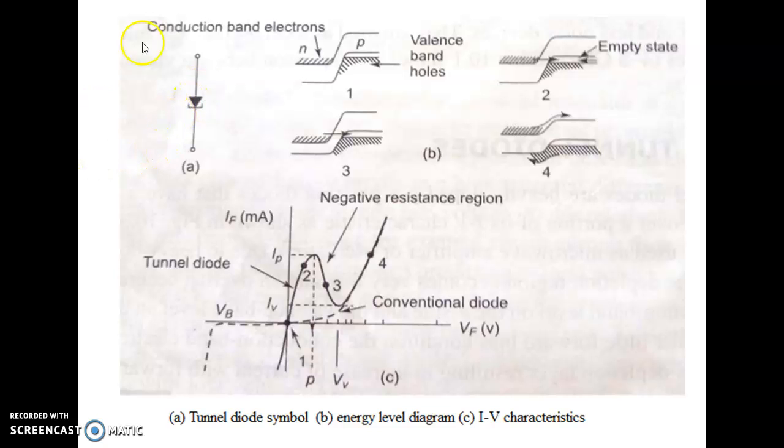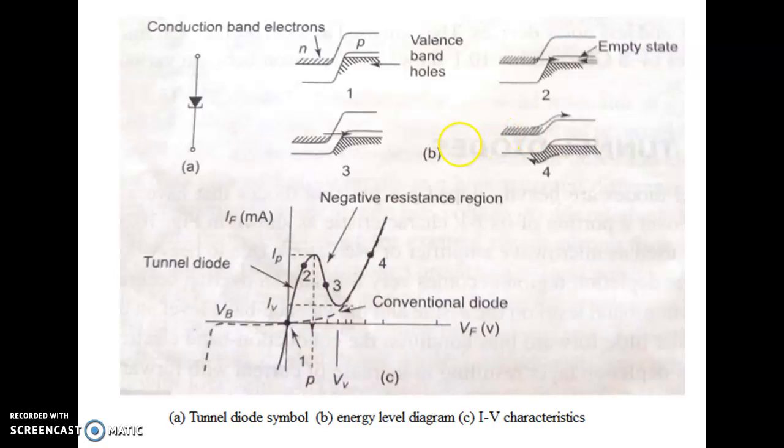Now let's look at what the current flow through this diode will be in this situation. When there is a finite amount of voltage applied across the diode in forward bias, we now have negative potential here and positive potential here. Now the concept of tunneling comes into the picture. Let's see what tunneling actually is. To understand tunneling, we need two things.